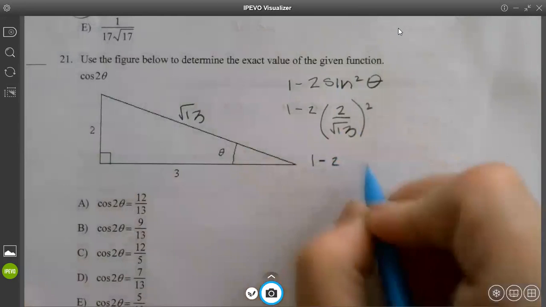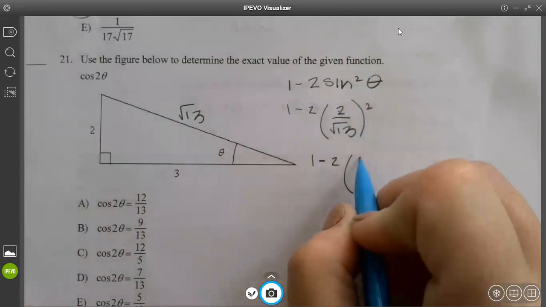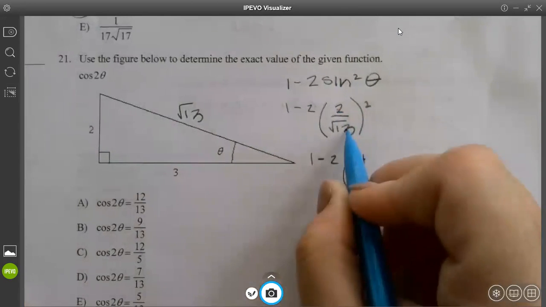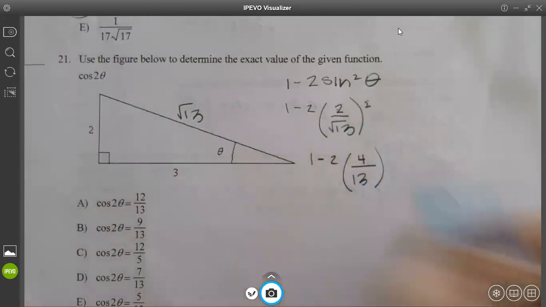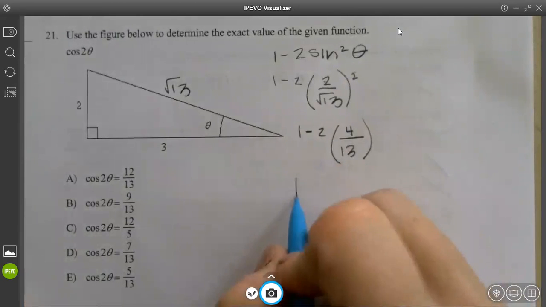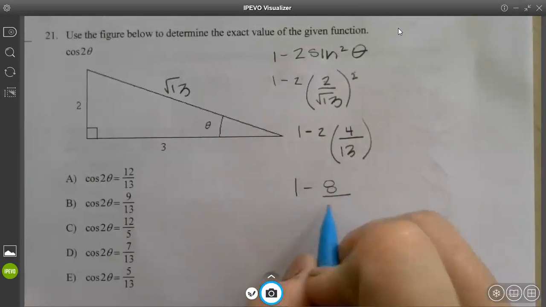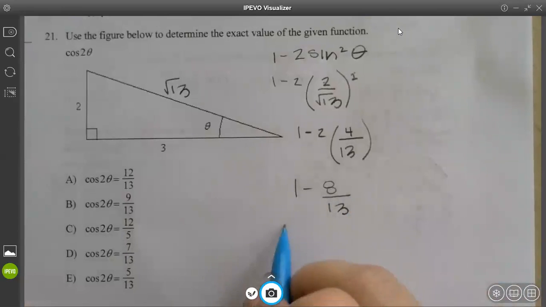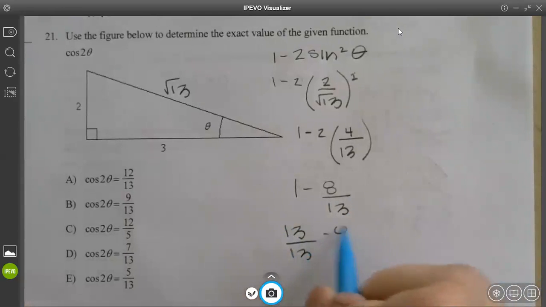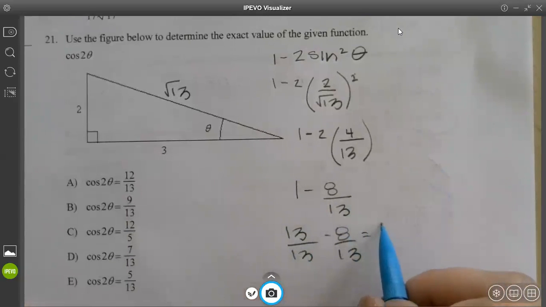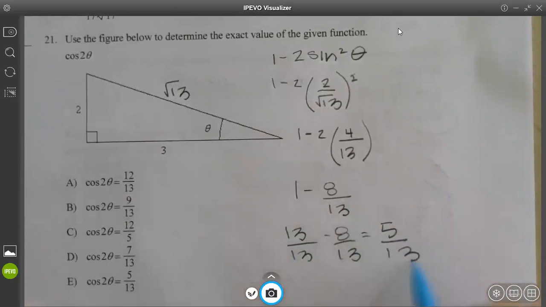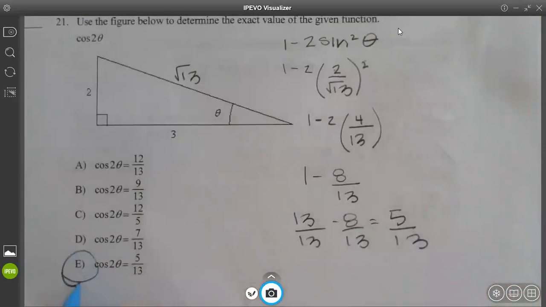You want to square both parts. 2 squared is 4. Square root of 13 squared is 13. 2 times 4 is 8. 1 turns into 13 over 13, minus 8 over 13 gives you 5 over 13. There you go. So my answer is E. That's it.